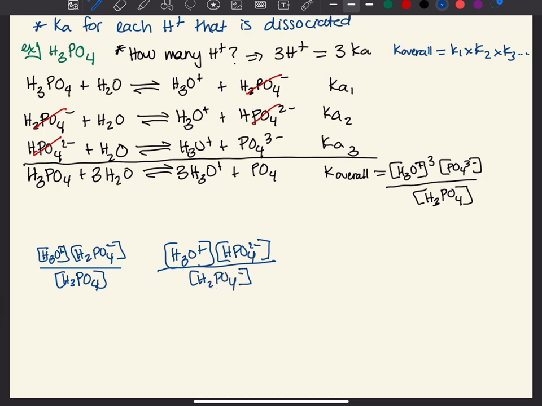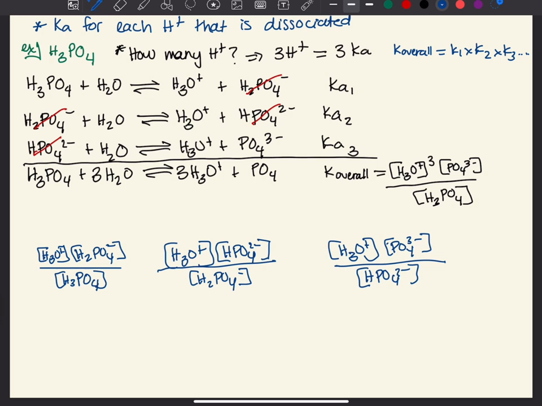And then finally, I can do it for my third one. We'll have hydronium ion and phosphate as our products, and we will have monohydrogen phosphate as our reactant.